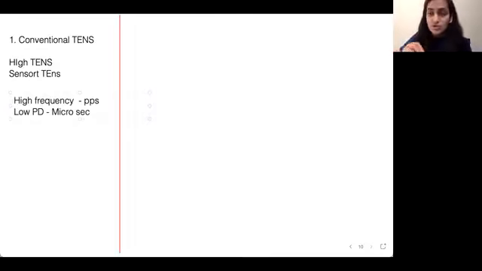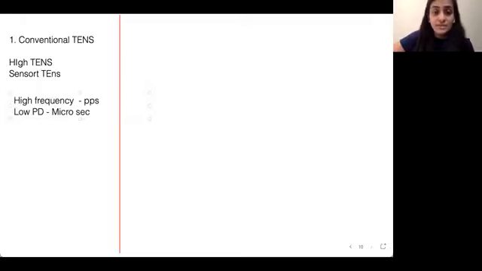That much sensation is enough to activate the A beta fibers. So that's why we call it sensory TENS. So your first type of TENS is called conventional TENS, sensory TENS, high TENS. It has a high frequency, a low pulse duration. The amplitude is comfortable, a tingling paresthesia kind of sensation, and it is continuous.